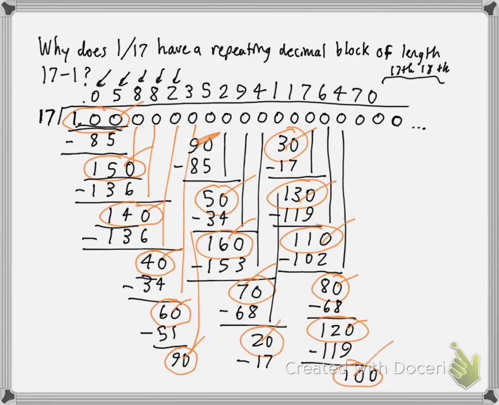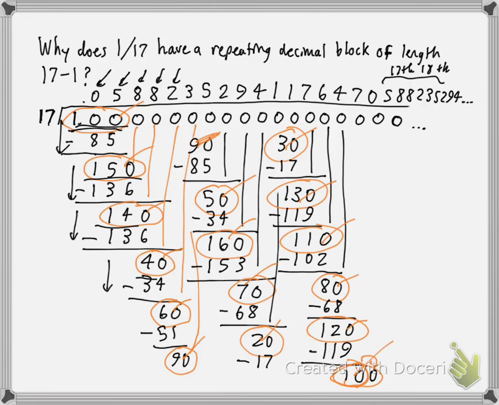And when we hit the 100, from here on out, we're going to be getting the 5, 8, 8, 2, 3, 5, 2, 9, 4, and so on forever, because we'll just go back through and have the 100 minus 85, the 150 minus 136, and the 140 minus 136, and the 40 minus 34, and so on, all over again.